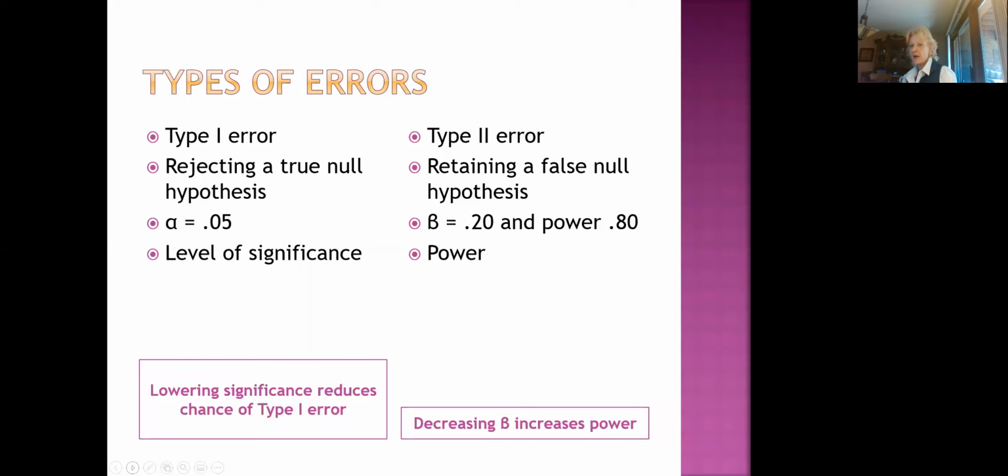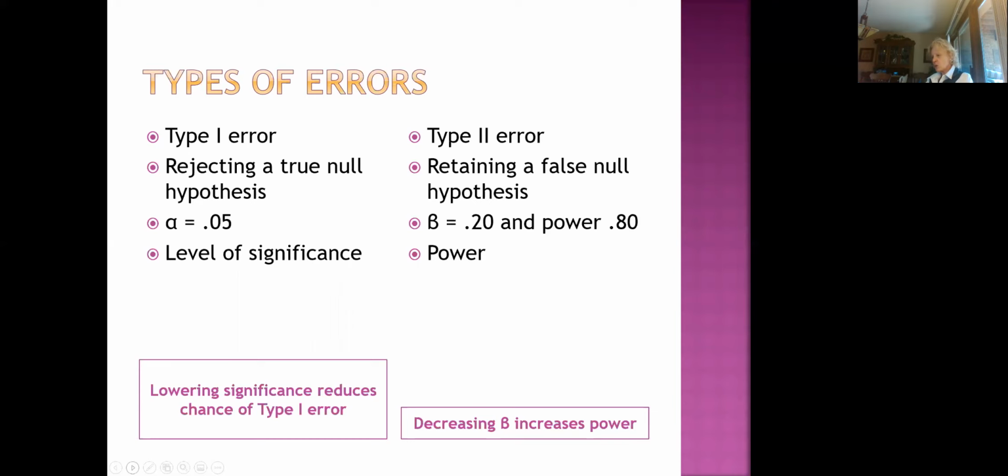So a type 1 error is when you reject a true null hypothesis. You conclude that there is a difference between these two groups when the differences you're seeing are really by chance. And lowering your significance reduces the chance of type 1 error.